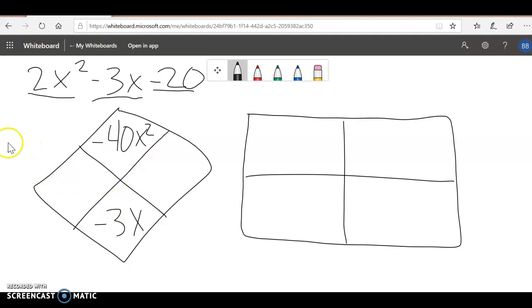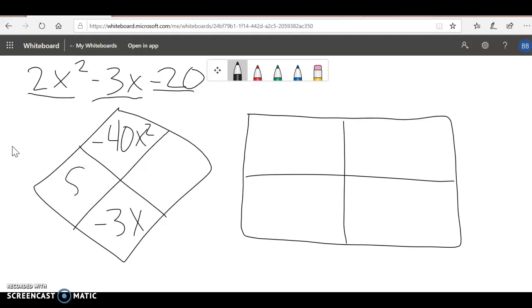And then you're going to look for numbers here that would multiply to negative 40, but add to negative 3. So you have to think about ways you could multiply to get negative 40. I immediately start to think about maybe 10 and 4 makes 40, 8 and 5 makes 40.